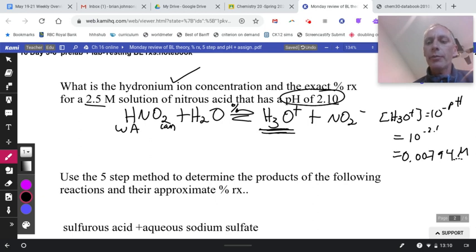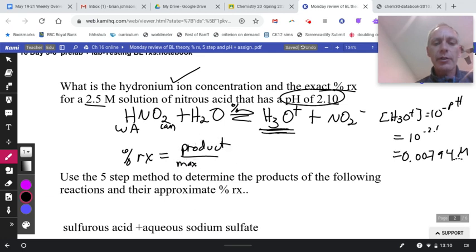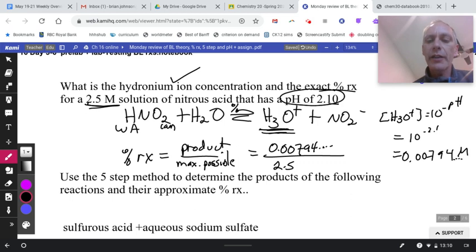Okay, and then we want the percent reaction. So percent reaction is the amount of product over maximum possible product, right? So what did we get? The amount of hydronium we got was 0.00794 out of a possible 2.5. If we'd had 100% reaction, we'd have 2.5 divided by 2.5 and then turn it into a percentage.